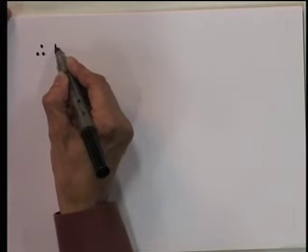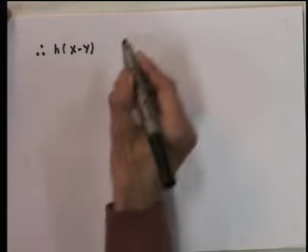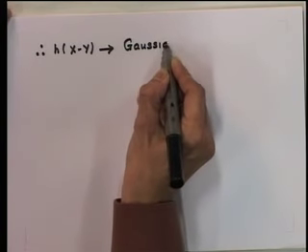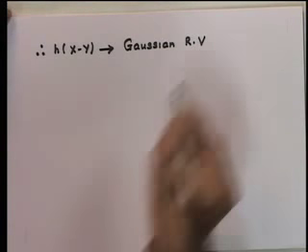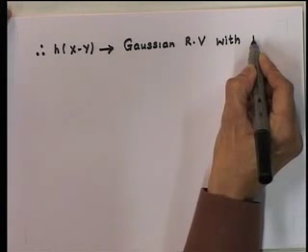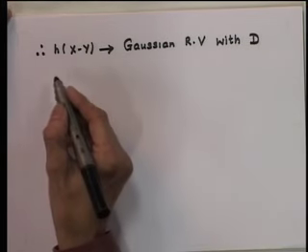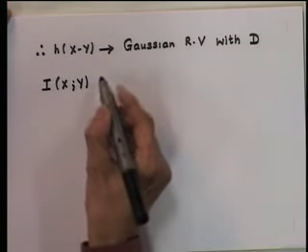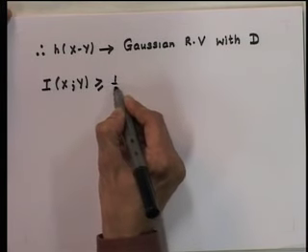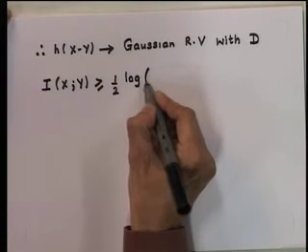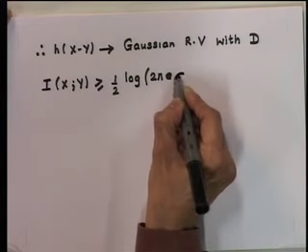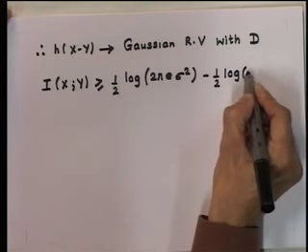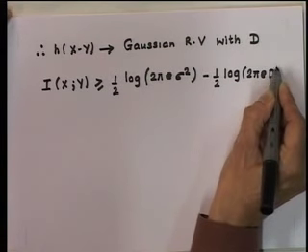Therefore, h of x minus y is the differential entropy of a Gaussian random variable with variance d, and the lower bound becomes I of x semicolon y greater than or equal to half log 2 pi e sigma squared minus half log 2 pi e d.